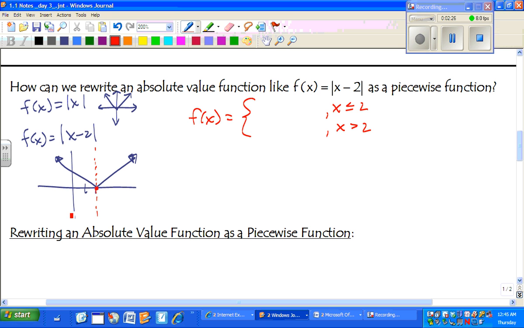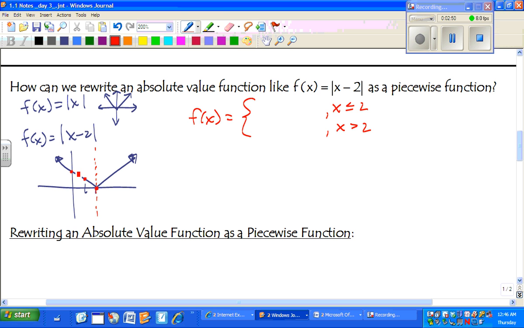Well, we know it goes to the point (2, 0). What's the slope of this line going to be? Slope should be 1, right? That's how basic absolute value graph is. We're not doing anything to change that. So we're going to have a slope of 1. So if we go from this point to the left, we go up 1 over 1.